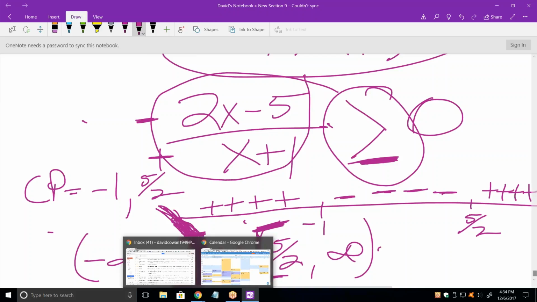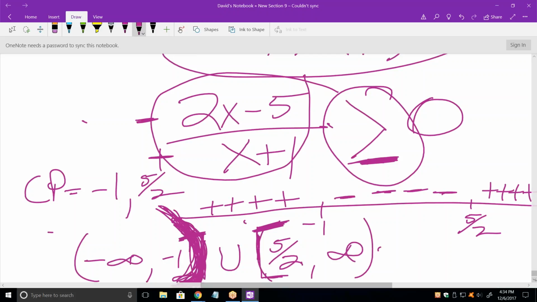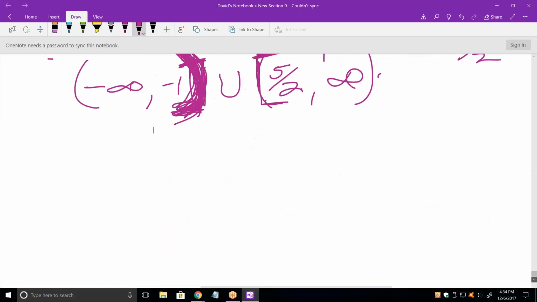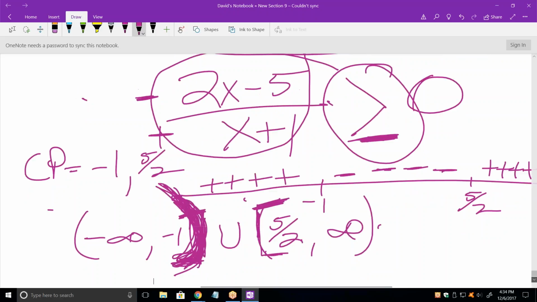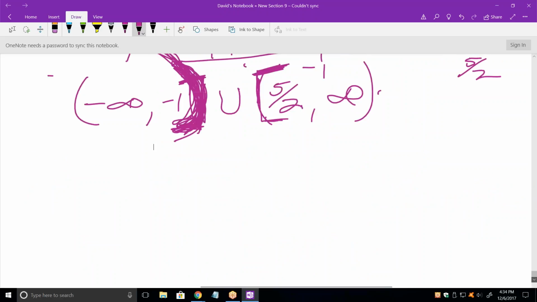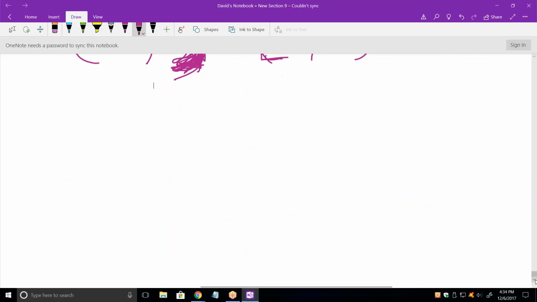All right. What else we got? This next one is just 11 to the power of x. All right. What's the derivative of e to the x? It's e to the x.